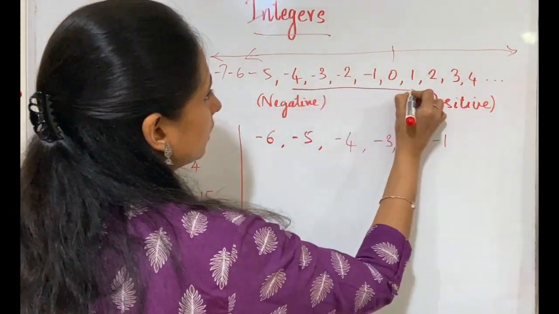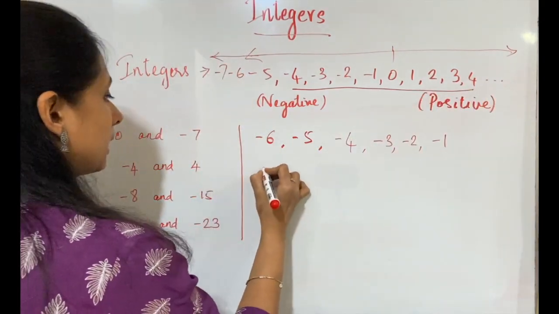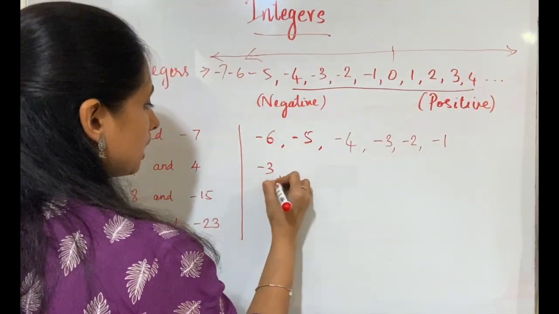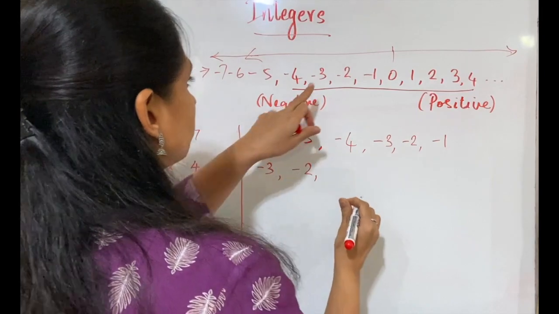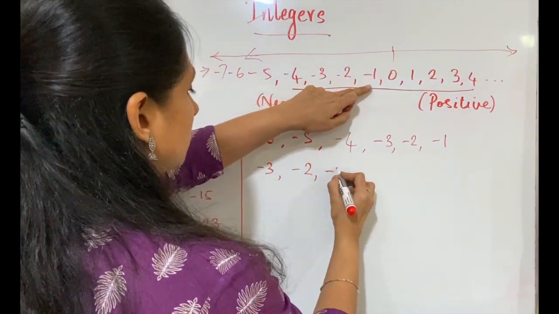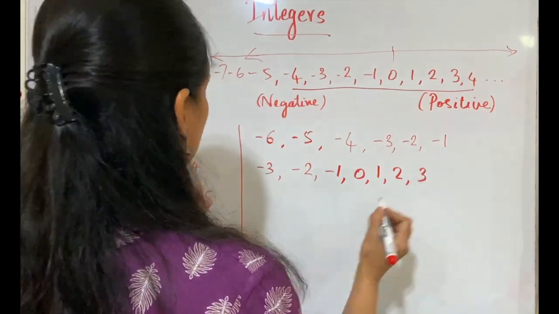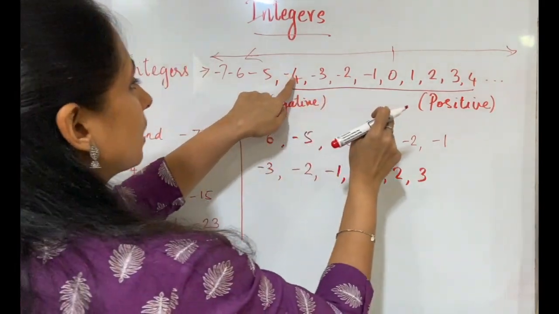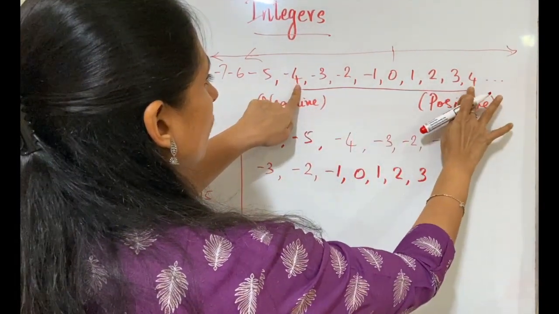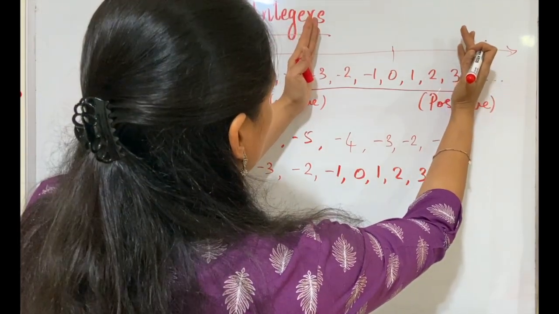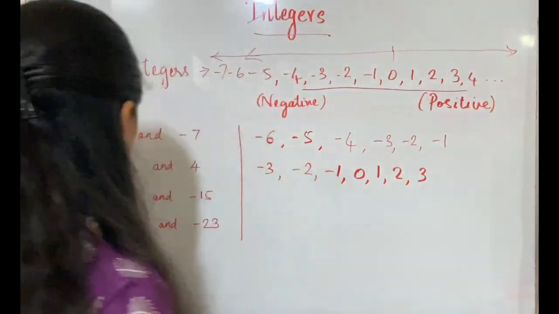See, these are the numbers. So I have to write, I will start from -3, -2, -1, 0, 1, 2, and 3. From between -4 and 4, what do we have? Here, this we have. So I have written that.